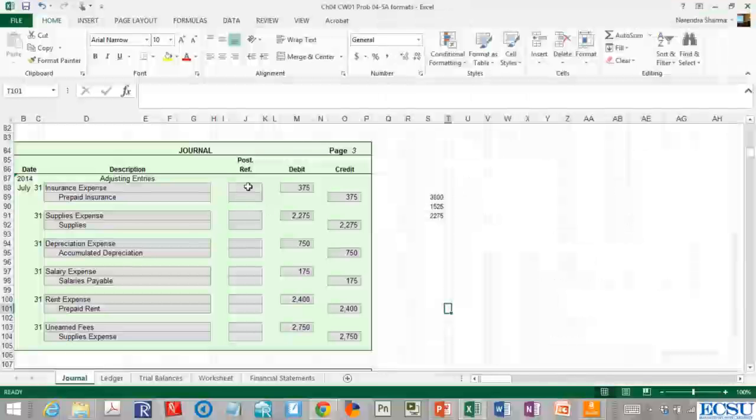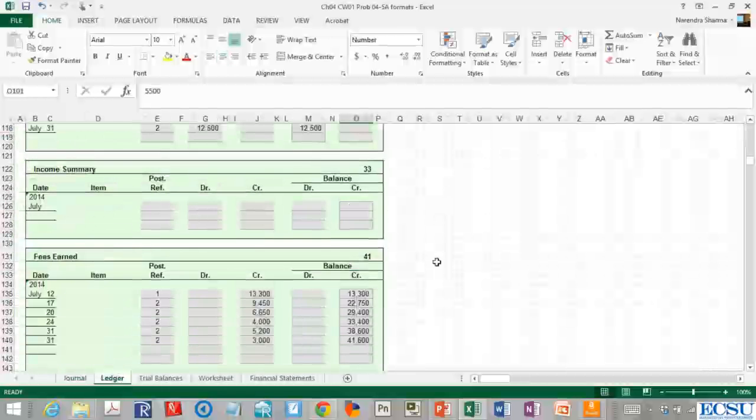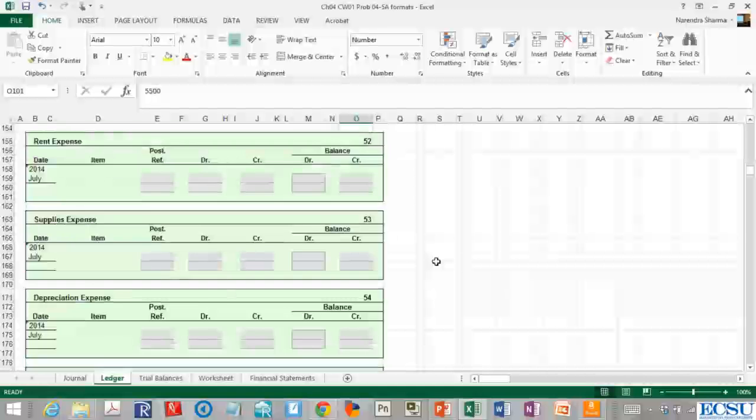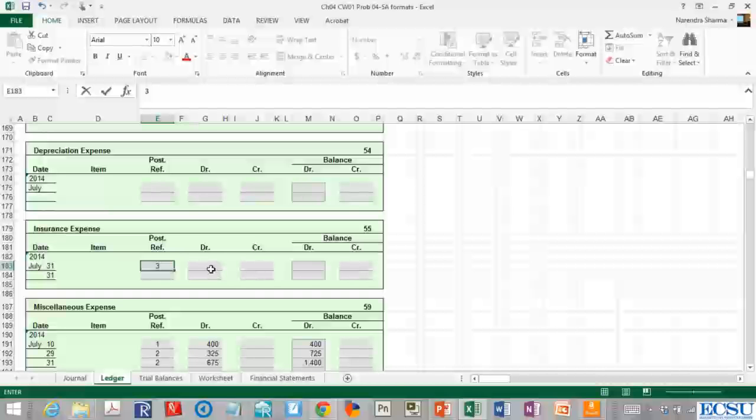So we'll mark that as 55, and we'll go to the ledger number 55 and post that insurance expense has been debited. Of course this posting reference is going to be number 3 because that was page number 3, and it was debited 375. So we'll be debiting 375, and the balance also will be 375. So that is taken care of, the first thing.